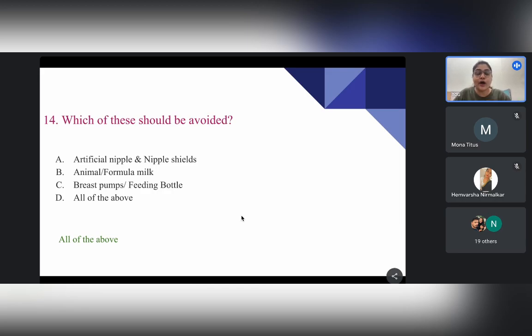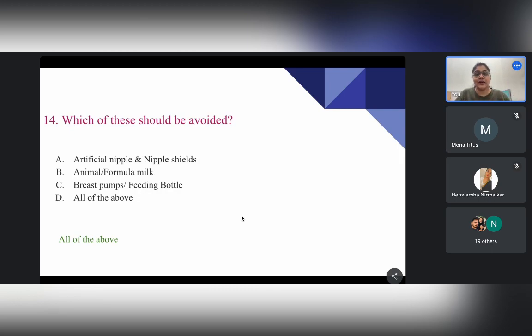If we go through the options, say artificial nipple and nipple shields, there might be situations where women are suggested to use these things, but there are different disadvantages associated with using these devices.